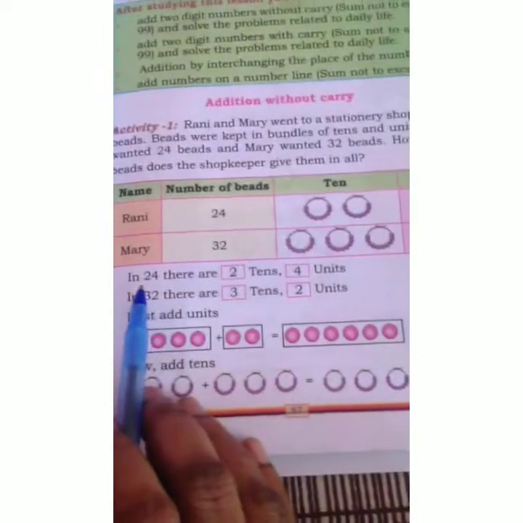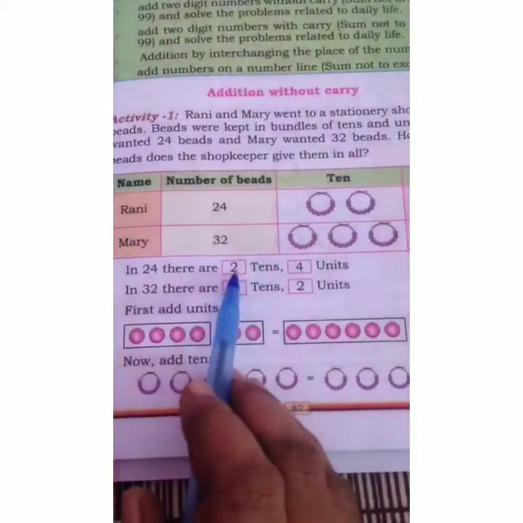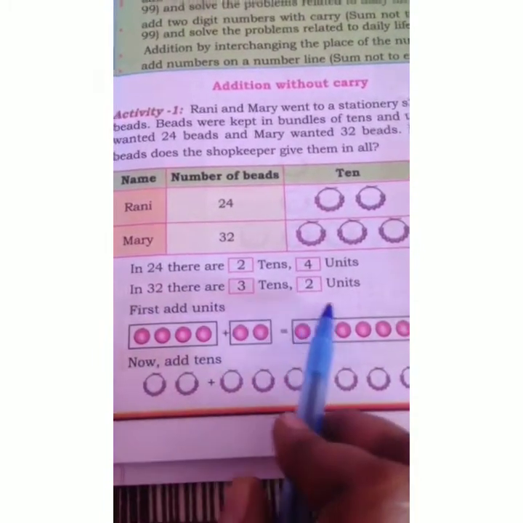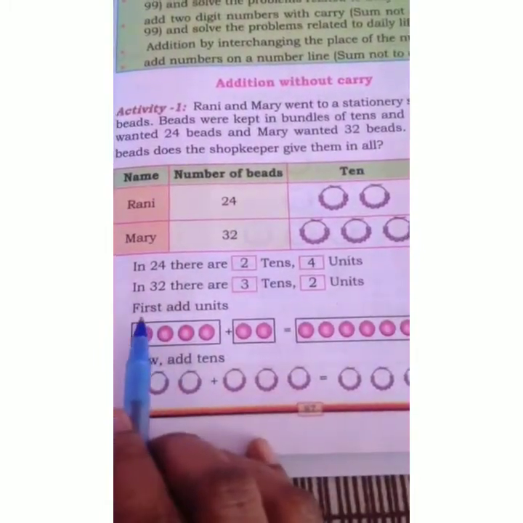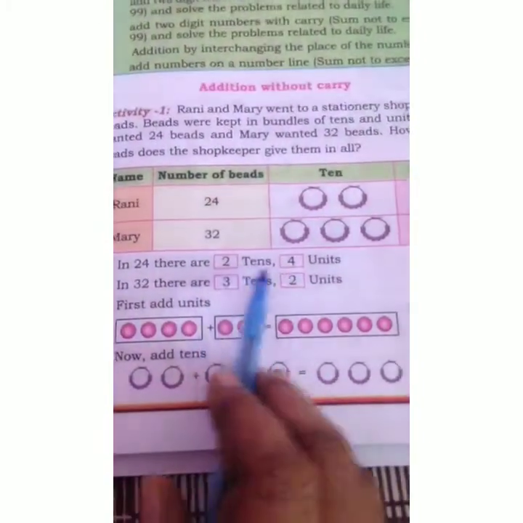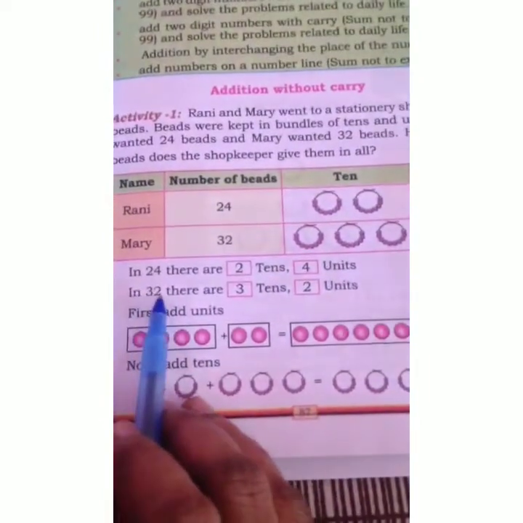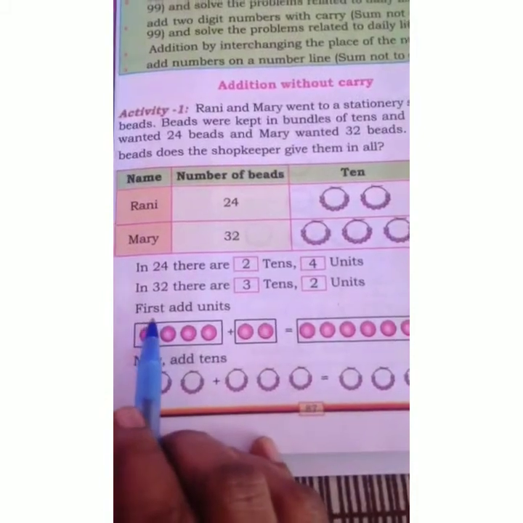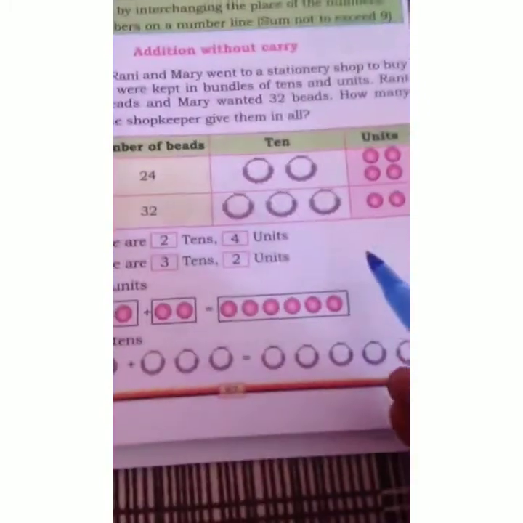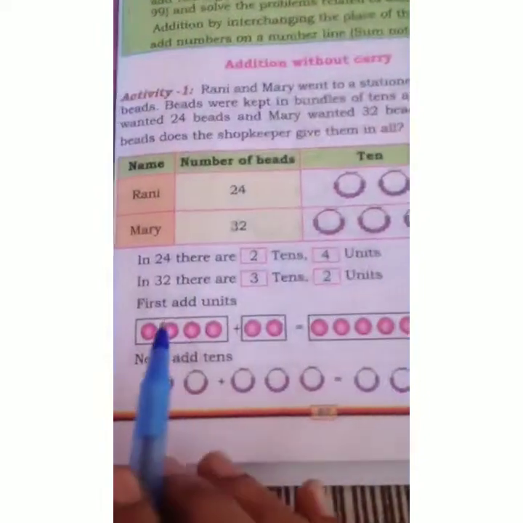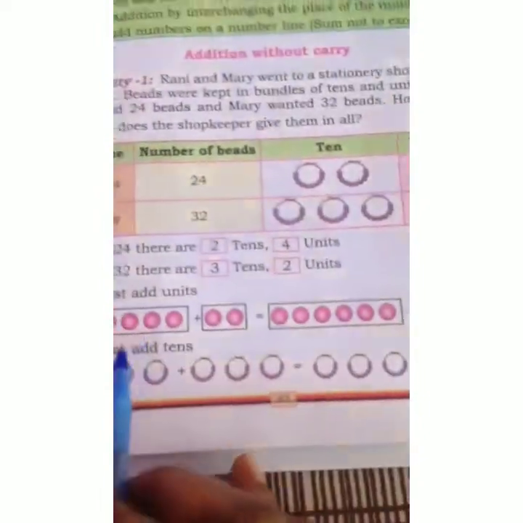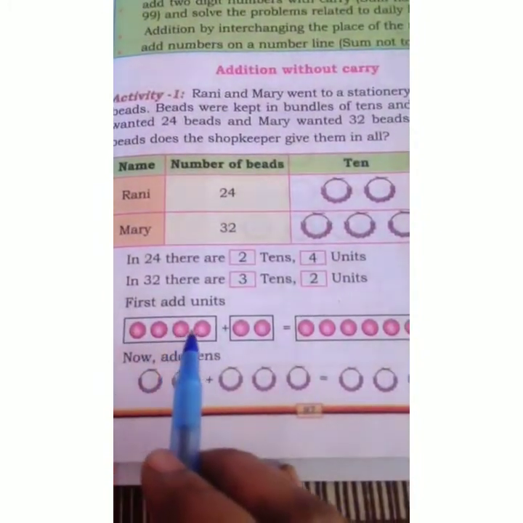Now see here, in 24 there are 2 tens and 4 units. Like that, in 32 there are 3 tens and 2 units. First add units. See, in the first column how many beads? 4. 1, 2, 3, 4.